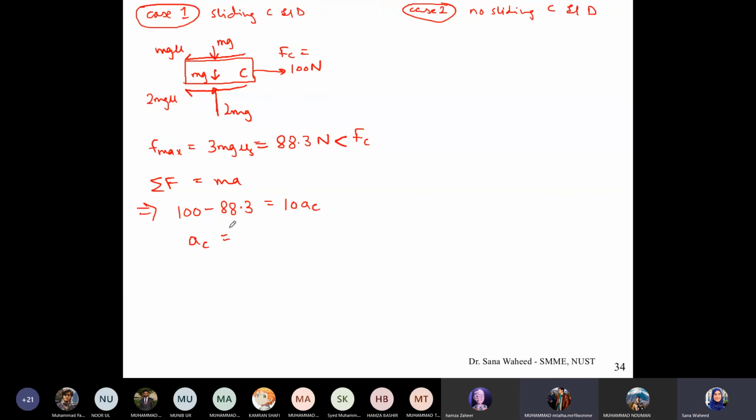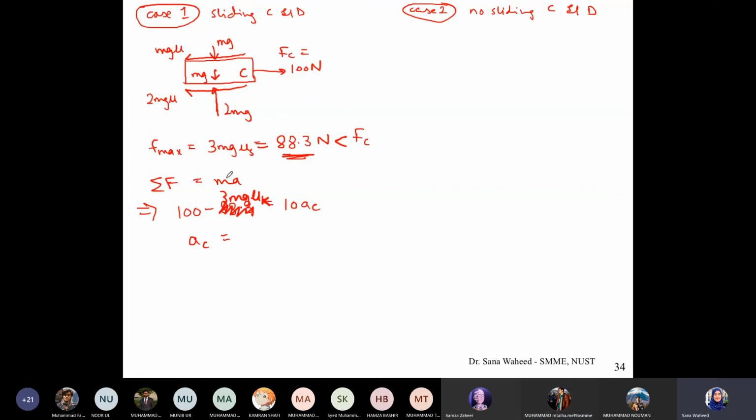Oh, sorry, I forgot one thing. Apologies. So F max was with mu s, right? It was 88.3. But once motion starts, that is once I get my acceleration, it will not be F max, right? It will be 3 mg mu k.